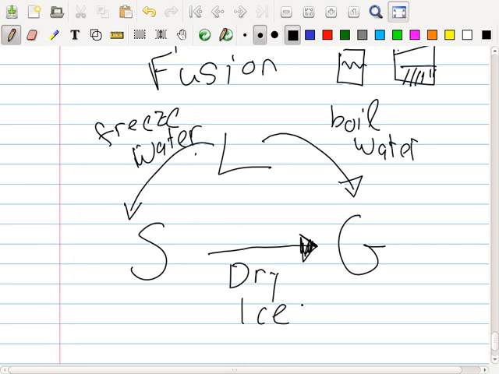You take CO2 and freeze it into ice. If I put the CO2 ice on the table, it does not go into liquid form. It turns straight into gas, so steam will come out of it. You see it in movies when people pour stuff and all the steam comes out. It's probably just dry ice.